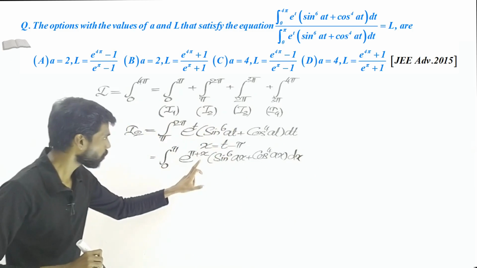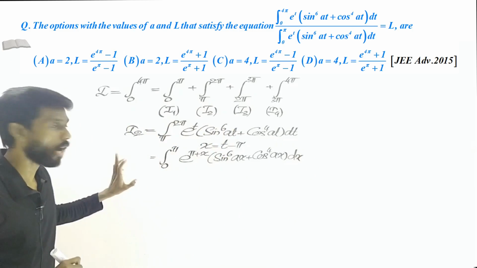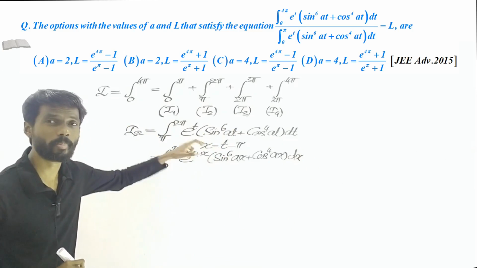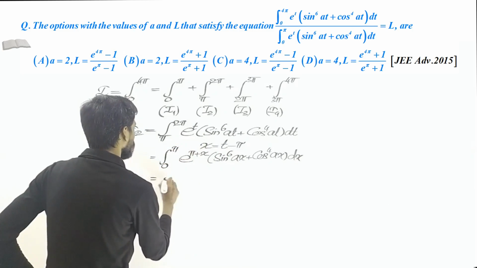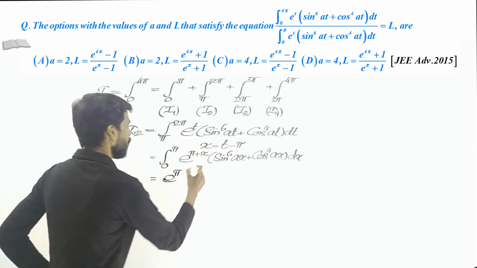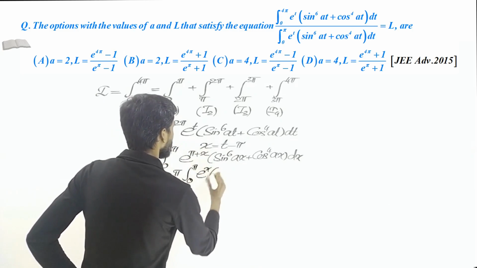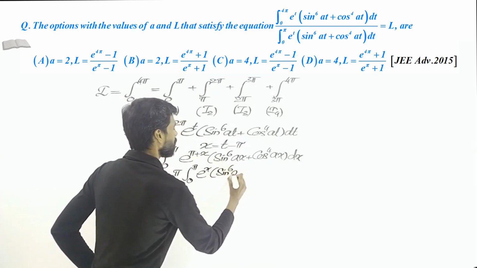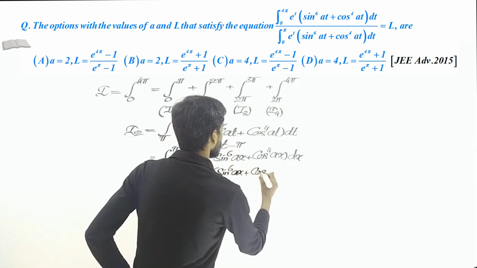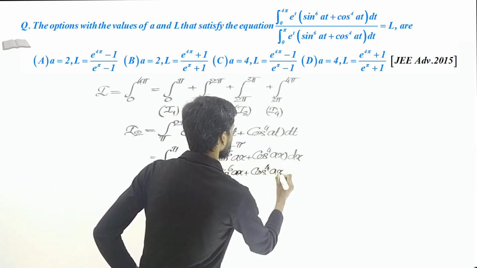Now you can take e to the power pi out, since e to the power t is e to the power pi multiplied by e to the power x. If you take that out, we get e to the power pi times the integral from 0 to pi of e to the power x, again the same sine to the power 6 ax plus cos to the power 4 ax, dx.